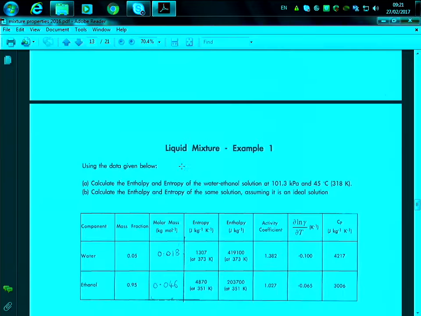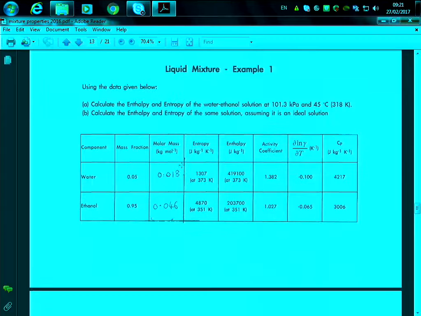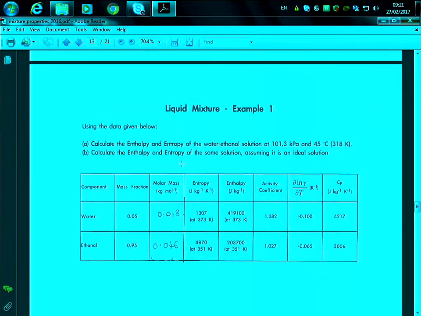Okay, so then we have a liquid mixture. Using the data given below, calculate the enthalpy and entropy of the water solution at 101.3 kilopascal and 45 degrees Celsius. Calculate the enthalpy and entropy of the same solution, assuming it is an ideal solution.